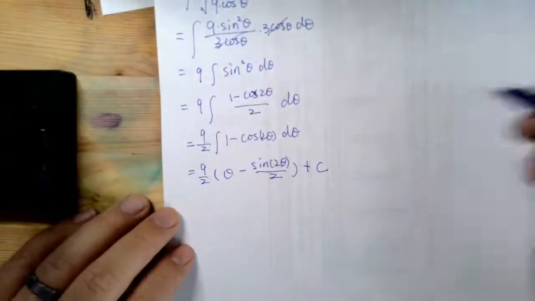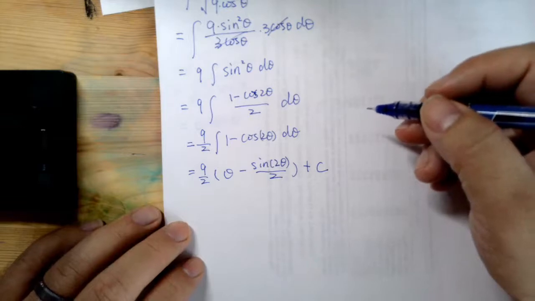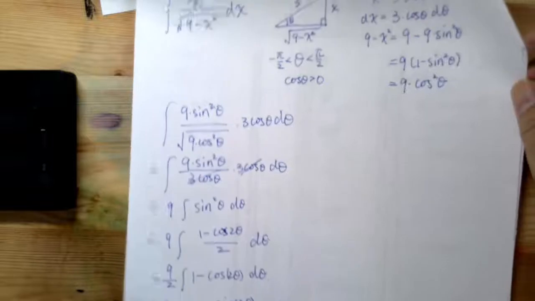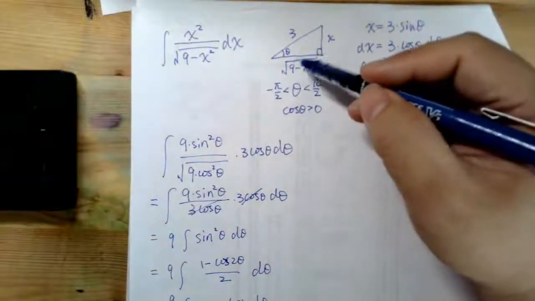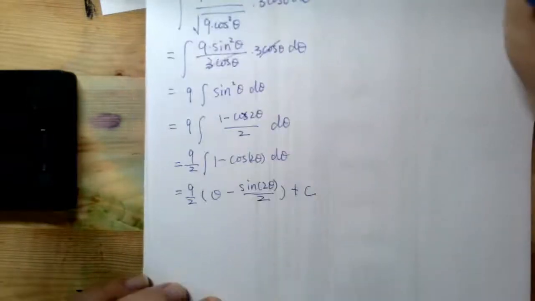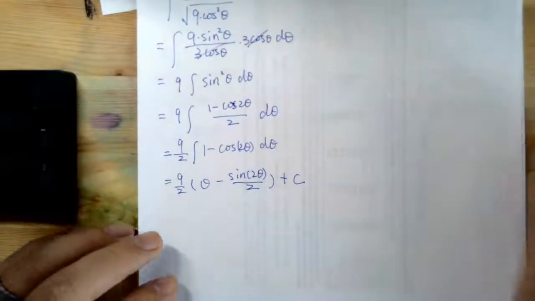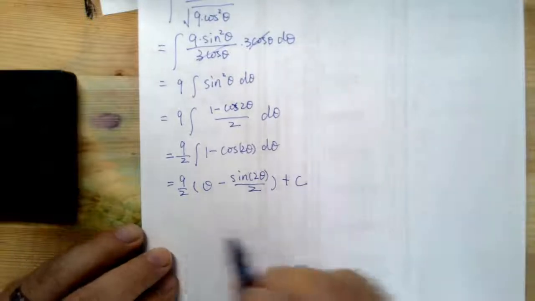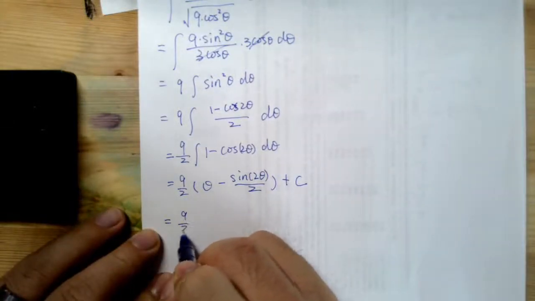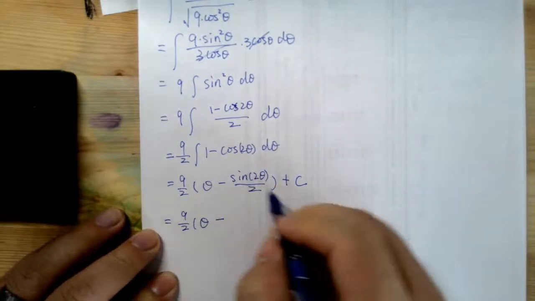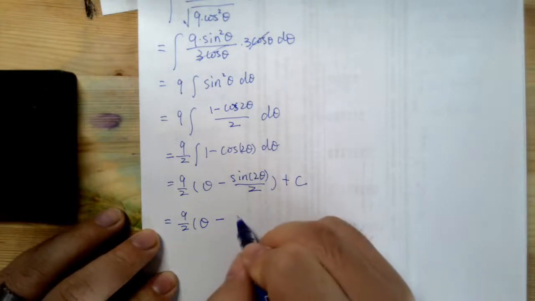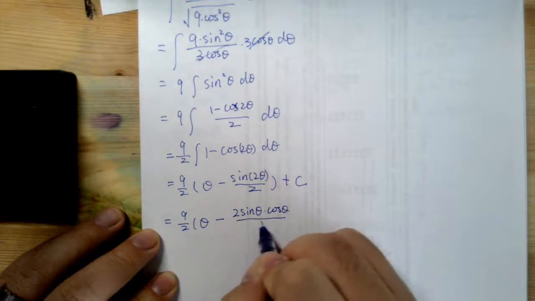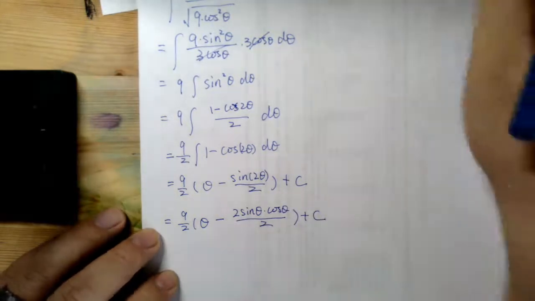Right. And then we only know the trig functions involved with theta, and we have very little knowledge about the 2 theta things. Okay, so from here, I'm going to apply another trig identity, which is sine 2 theta equals 2 sine theta cosine theta, and then over 2, and then plus constant c.